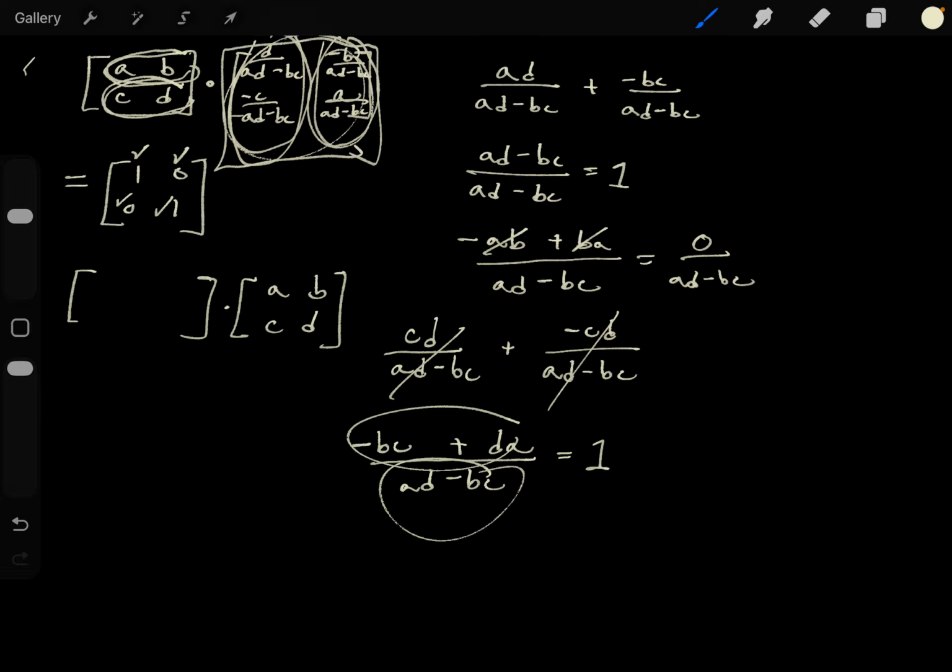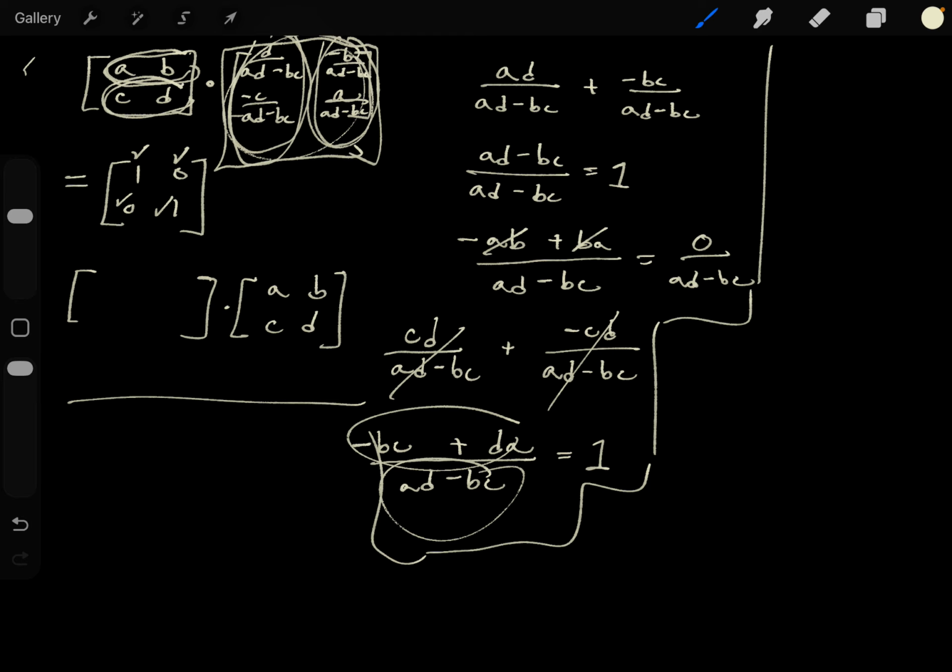Now the question is, when is this bad, right? Let's take a look at your general inverse, because that's going to be able to classify all the invertible matrices. So I have 1 over AD minus BC as a scalar, and then it's D, negative B, negative C, and then A. This is the inverse of the matrix ABCD.